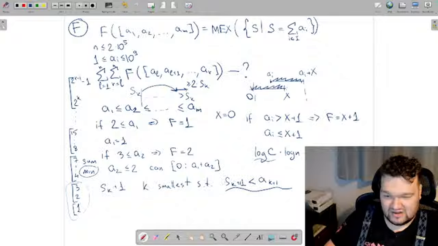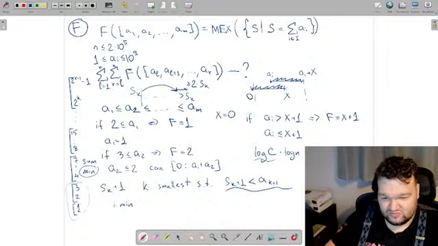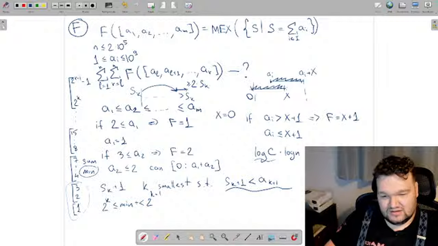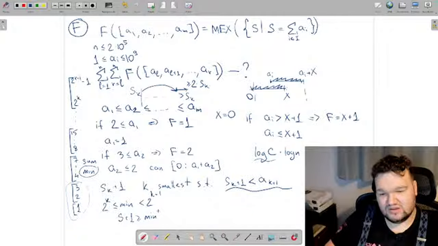It can break now, but if it doesn't, let's say our minimum was in the bucket that corresponds to 2 to the power of k, and our previous sum s plus 1 was at least the minimum.